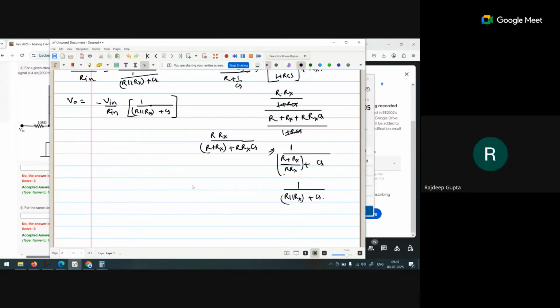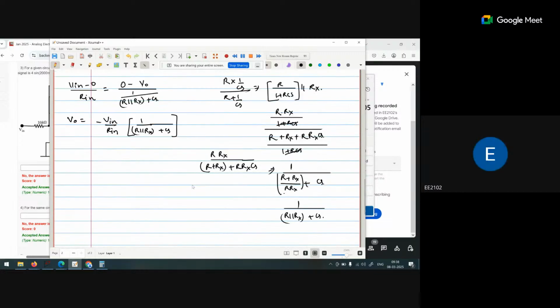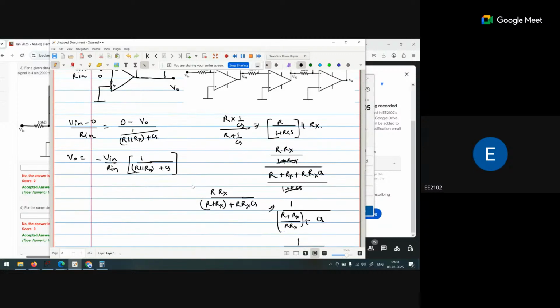So in this question, R parallel with RX is equal to 10. R and RX both are 10. After that, I think you just put the values and calculate.